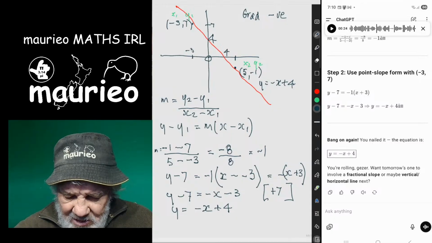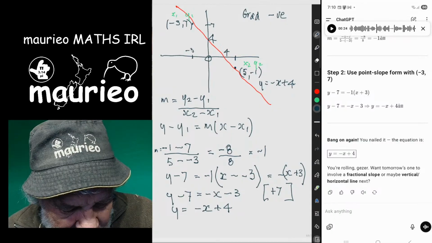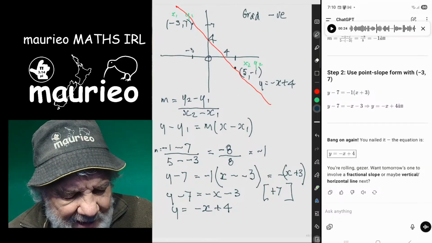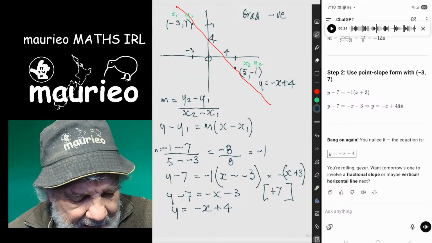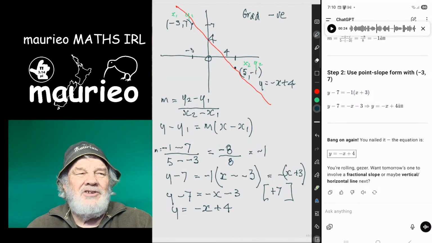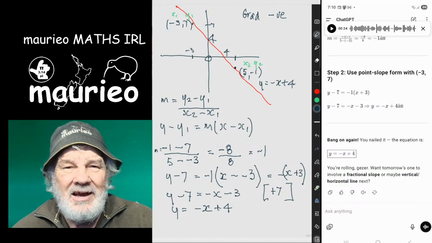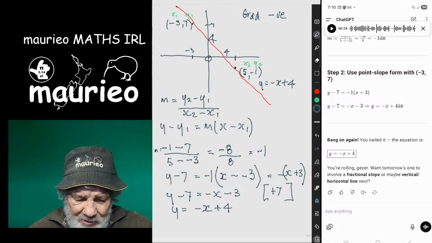Next. Okay, so what I want to look at now is we can determine the gradient between 2 points. We actually did some the other day where I gave a point and then we determined graphs through it with a different gradient.